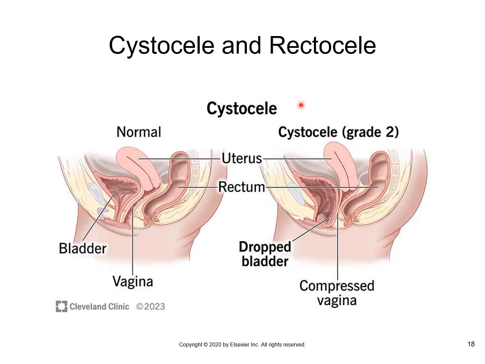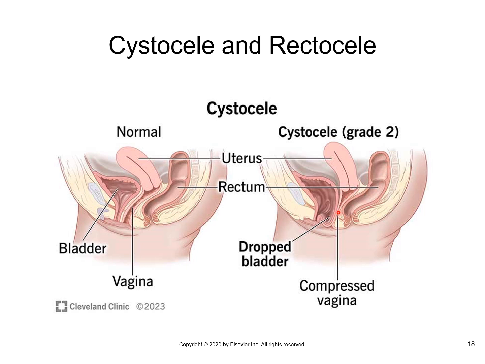Okay, so what's the difference? This is normal, right? The vagina is here, and the bladder is not protruding or anything. It's normal. Now, cystocele, if you look at this one, everything else up here is okay, kind of.